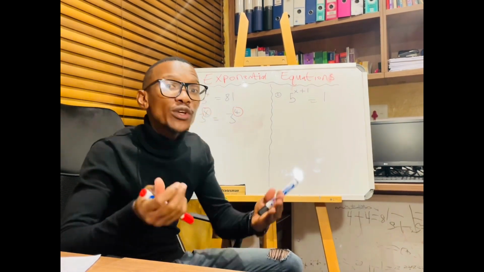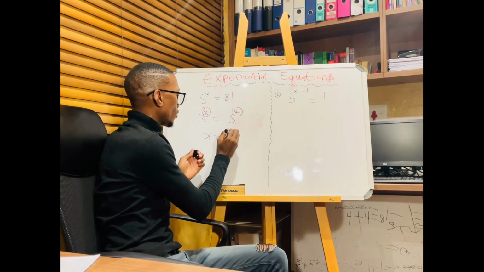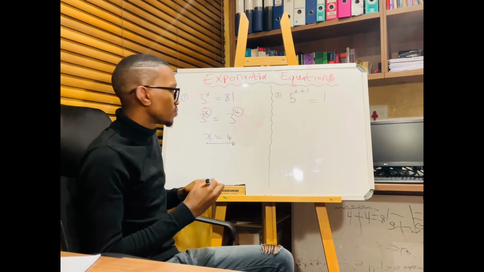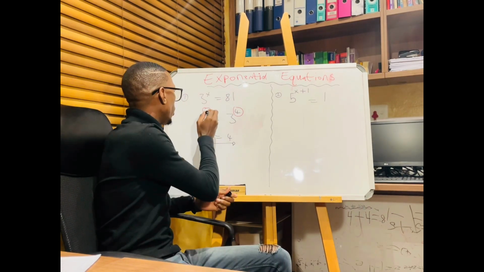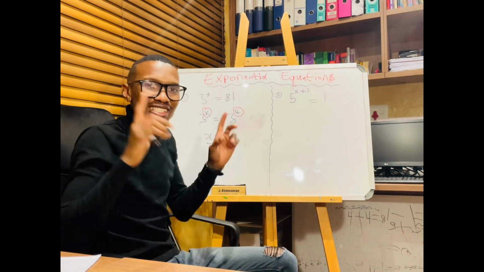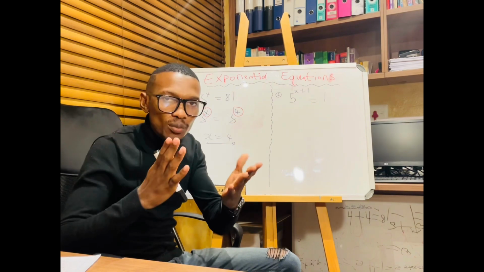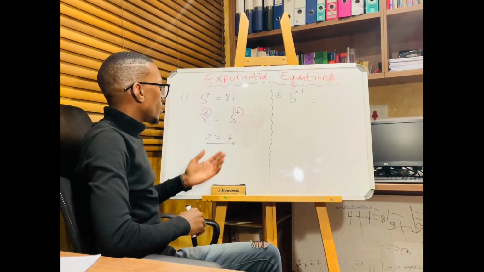So I'm going to have x equals 4. That's the final answer. The bases disappeared, so we eliminate the bases since they're the same, then we equate the exponents. So the goal is to focus on the exponents. That is how we solve this problem.